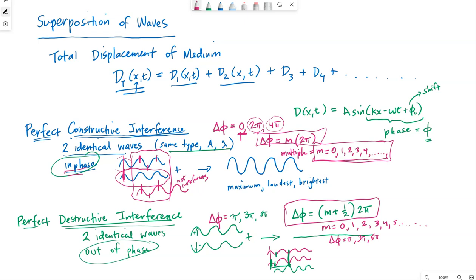Okay, we're going to build on this, but we're also going to talk about some specific situations where we see this constructive and destructive interference. So some applications is what we're going to look at. The first application we'll look at is standing waves, which we'll talk about in the next video.